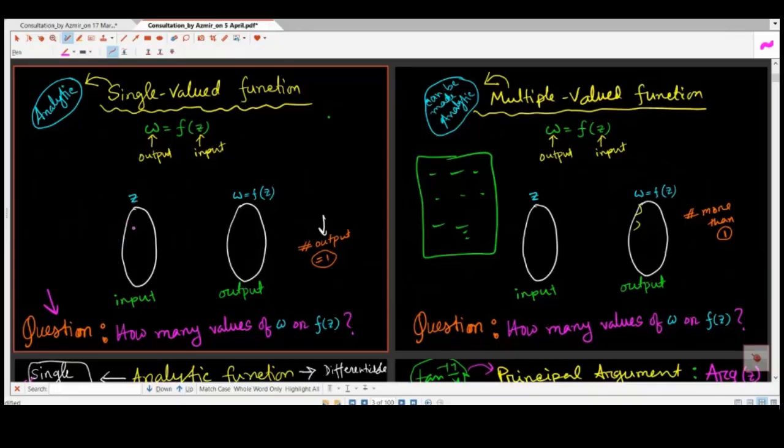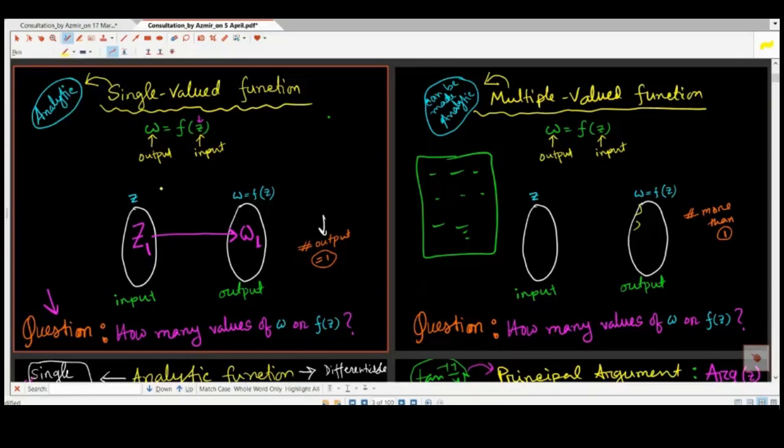Let's say we have an input z1. The output will be w1.